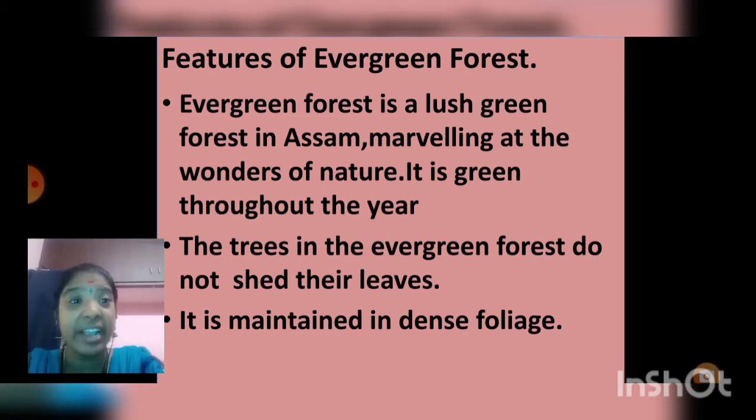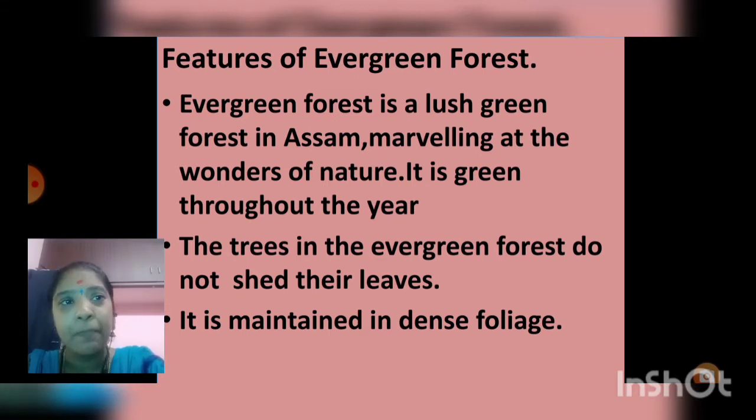The trees in the evergreen forest do not shed their leaves. This is a special feature of the evergreen forest. It is maintained in dense foliage. So these are the features of the evergreen forest.